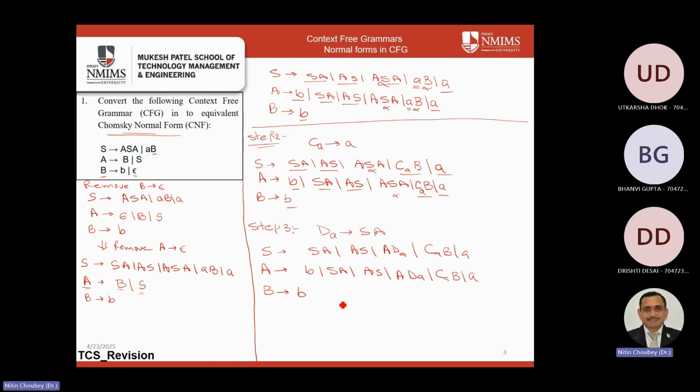So this is an equivalent CNF form to the given grammar. If we see here, all the productions are either in the form of containing two variables or a single terminal. If any questions, please let me know.